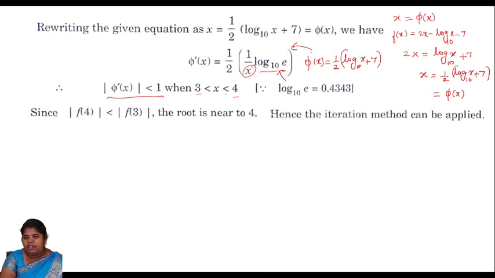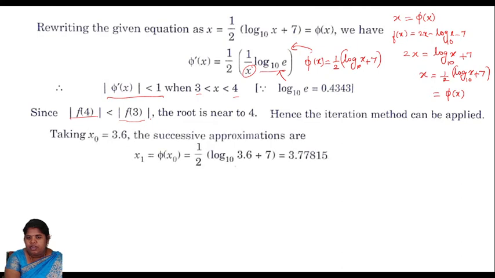Okay, the root is nearer to 4 since f of 4 is less than f of 3. So we take the initial approximation nearer to 4. Therefore, our x naught here is 3.6. Now substitute x naught in phi of x.